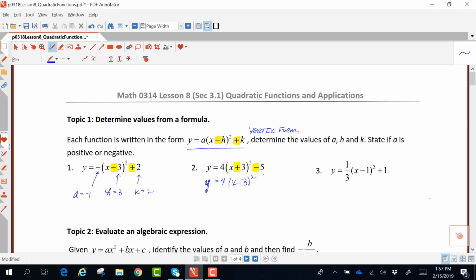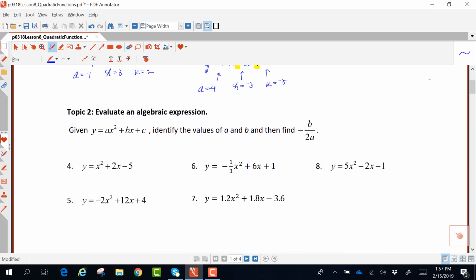So it's x minus a -3 and then plus a -5, adding the opposite. So at this point we have rewritten it so you do have the minus and the plus as defined in the vertex form of the formula above, and now you could identify the h value as -3 and the k value as a -5. Once again, your a would be your coefficient, which is 4.